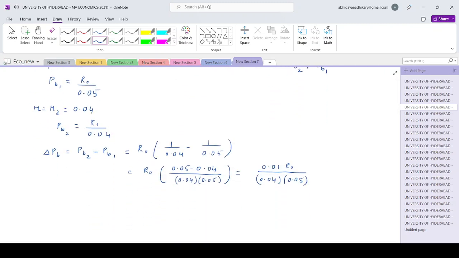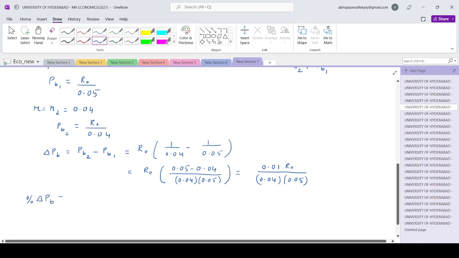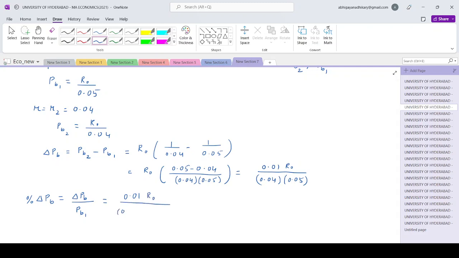And since the options are given in percentage terms, the percentage change in PB is basically the change in PB divided by the initial price of PB. So that is 0.01 R naught divided by 0.04 into 0.05 multiplied by PB1, which is 0.05 by R naught.